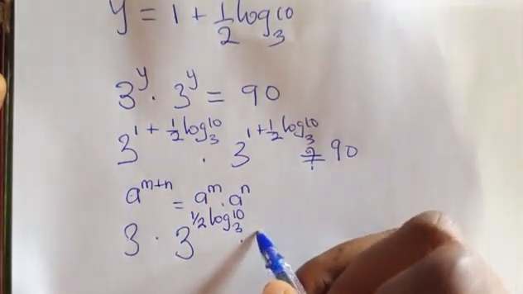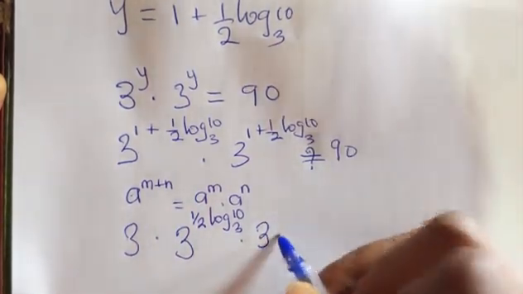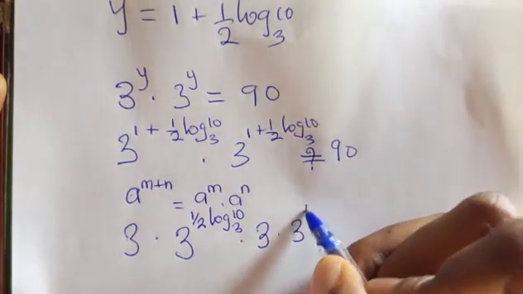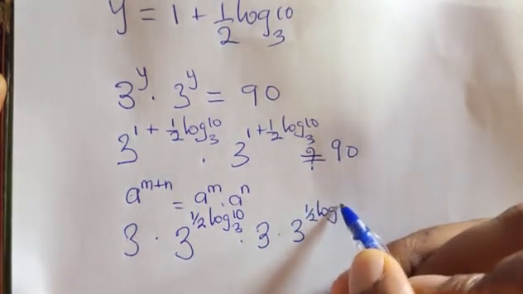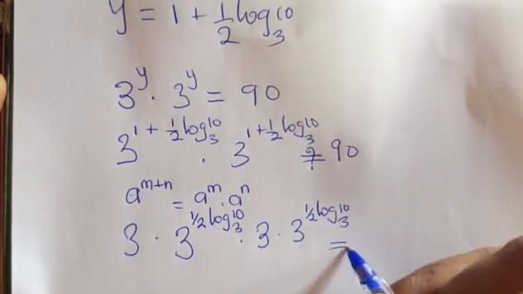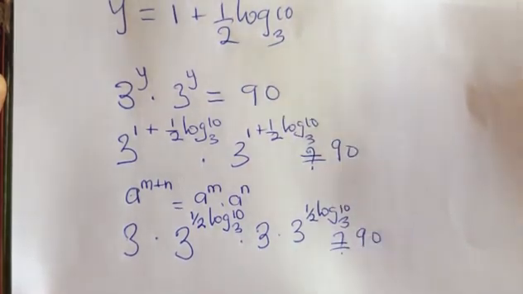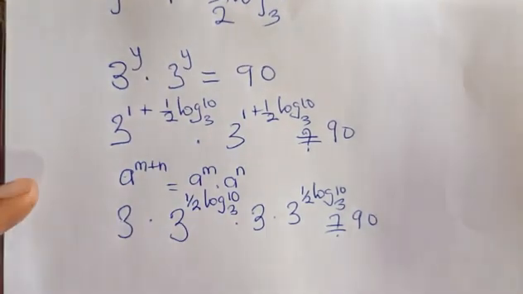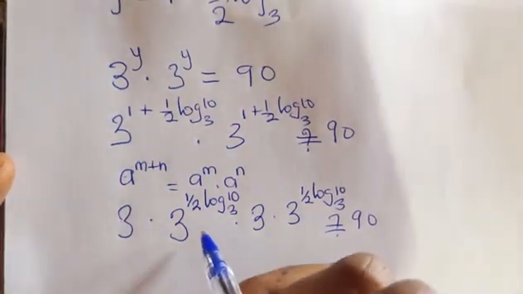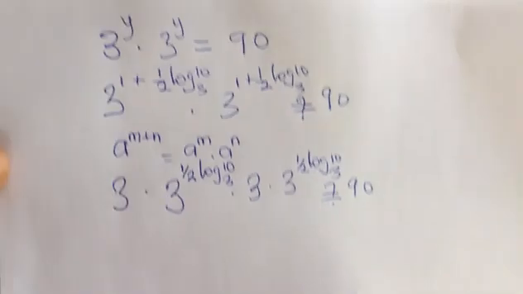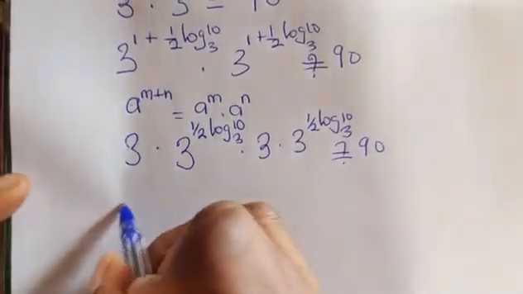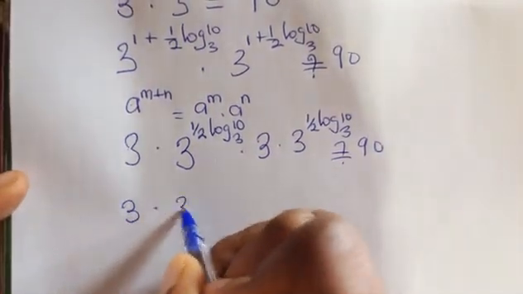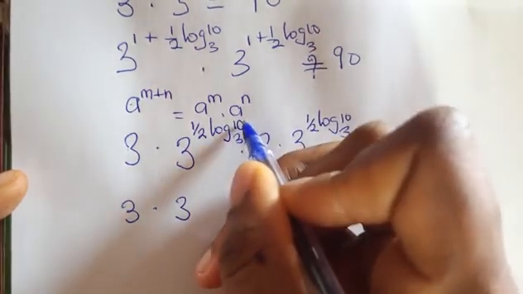Now we are through with this first one. We'll come to the second one. We'll do the same thing: 3, and then 3 raised to the power 1 over 2 log 10 to base 3. Is it equal to 90? Now this will also be written with the 1 over 2 coming over here.